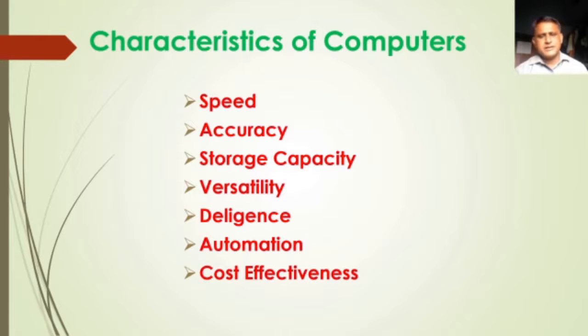The storage capacity of computers is very large. Today's computer with the normal configuration will be provided with 1 terabyte of storage, that is the hard disk. With that hard disk, you can store the information which is there in millions or billions of books.